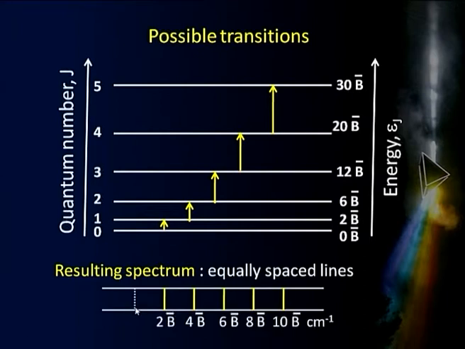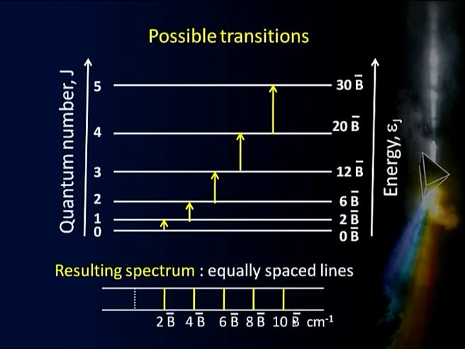This is my 0. The first transition will be at 2B bar, that is the delta E value between the first two energy levels, from 0 to 2B bar. The first line will be at 2B bar, the next line will be from 2 to 6, so the difference again will be 4B bar. The next will be 6B bar and so on.